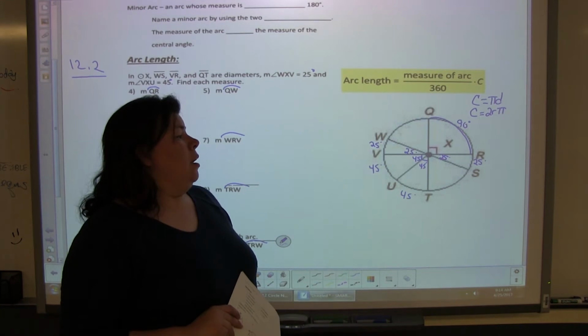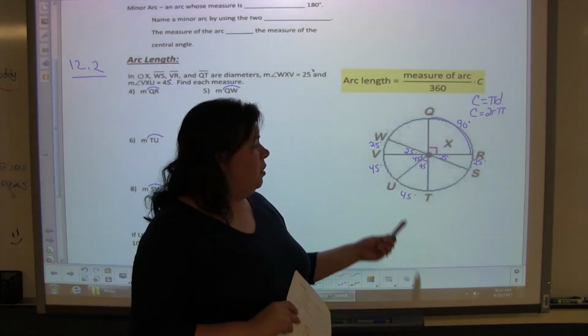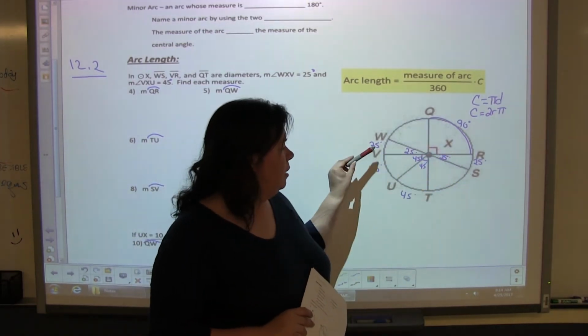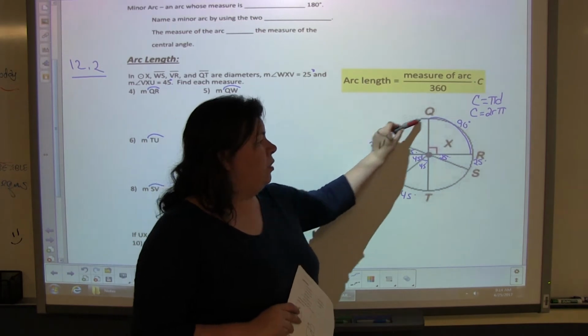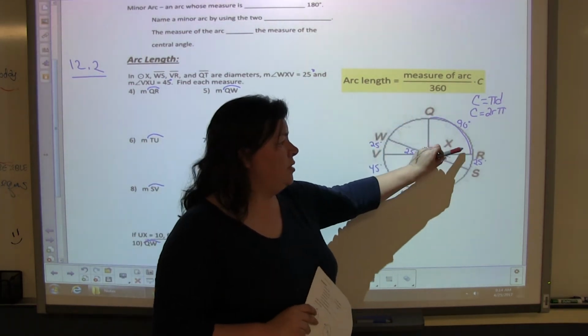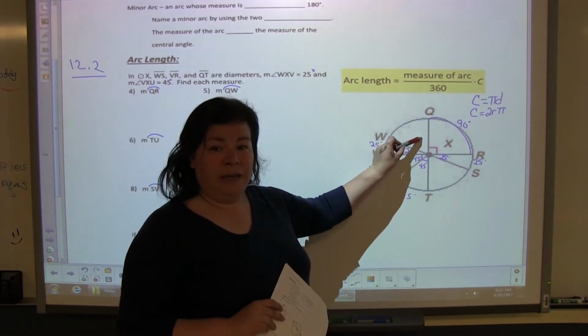Okay? So that leaves these two right here. So you could do this a couple of ways. You could say, well, I know that VXR, this whole angle, is a semicircle. So if all of it equals 180 and this is already 90 degrees, then this remaining part together has to be 90.